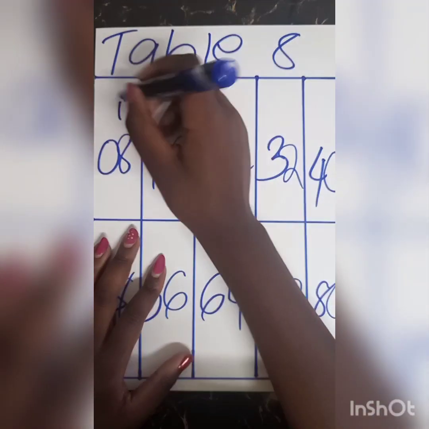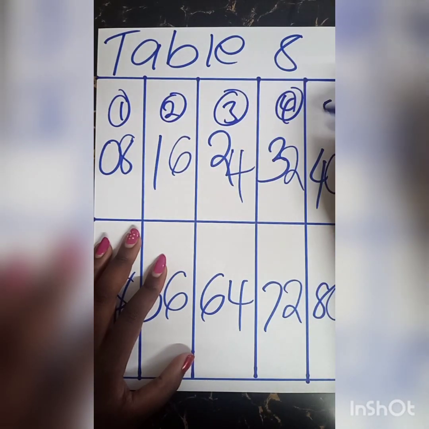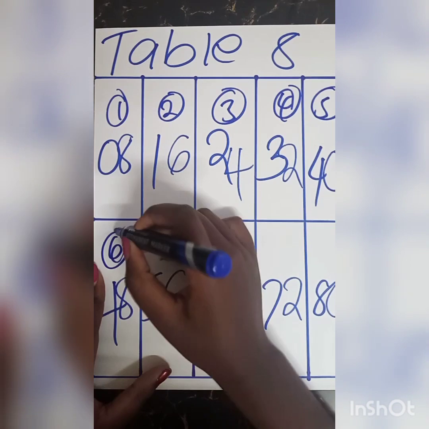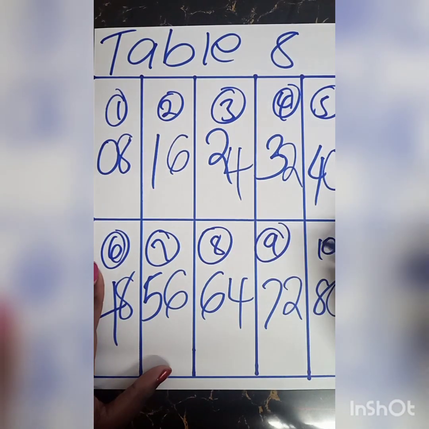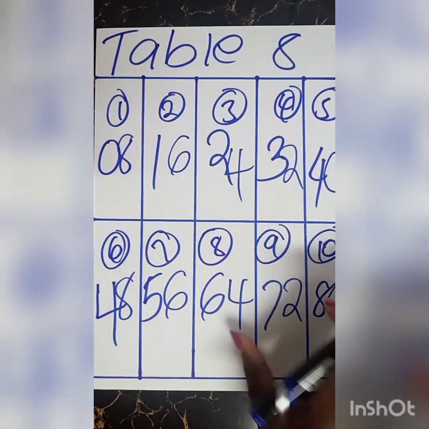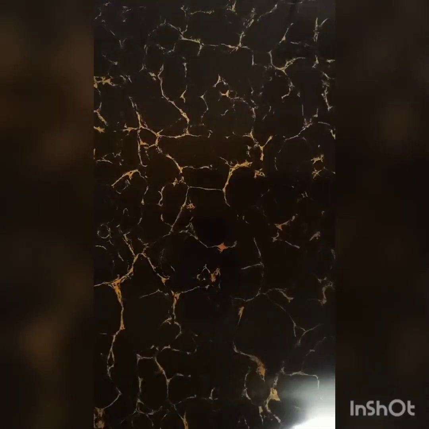So this is 8 times 1, times 2, times 3, times 4, times 5, times 6, times 7, times 8, times 9 and times 10. Okay? So we have our table 8.